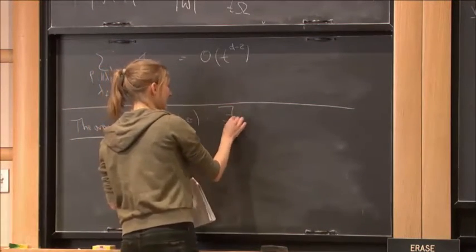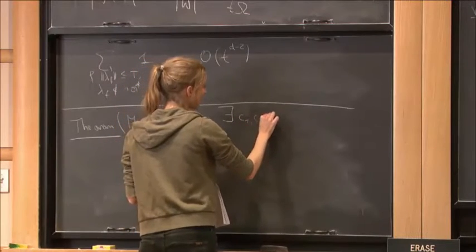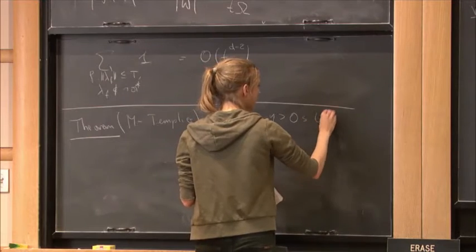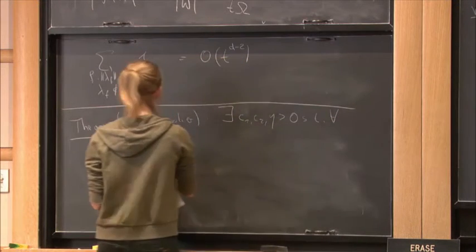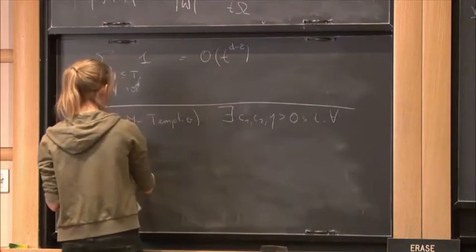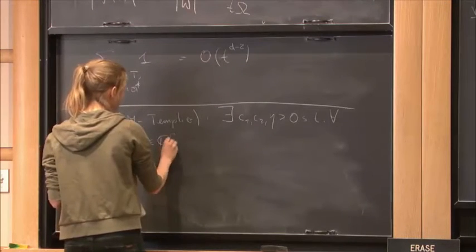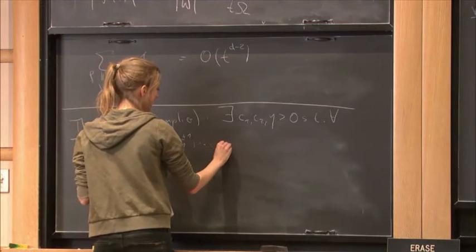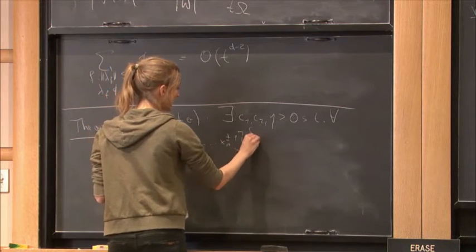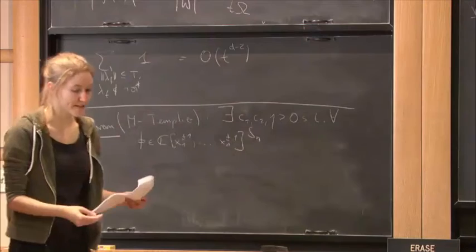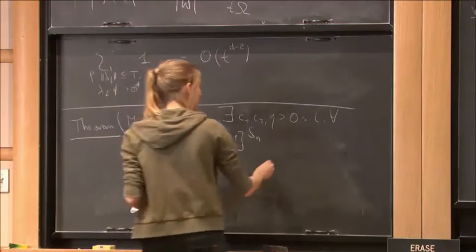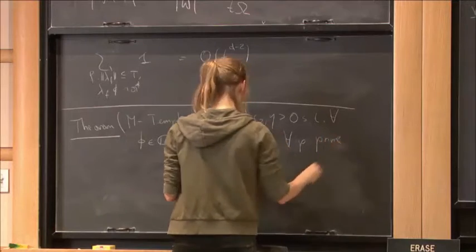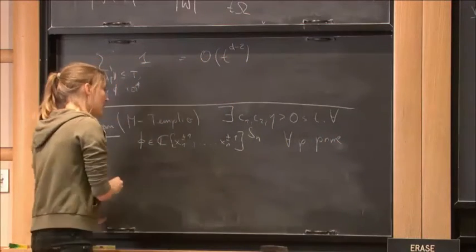So there exist constants C1, C2, and eta, such that for all symmetric polynomials phi, so basically for all Hecke operators, and all primes p, we have the following.